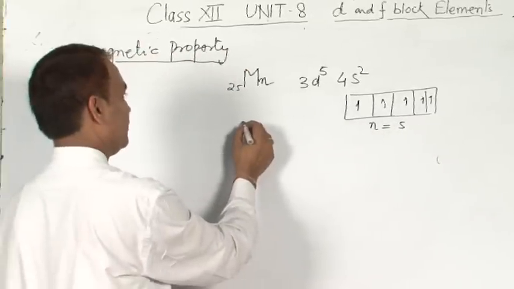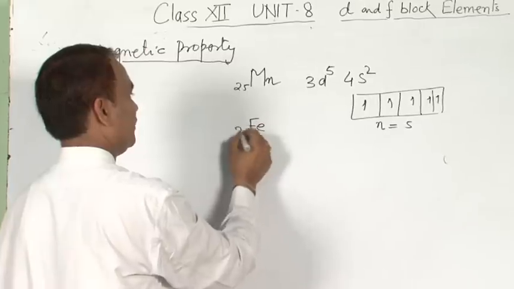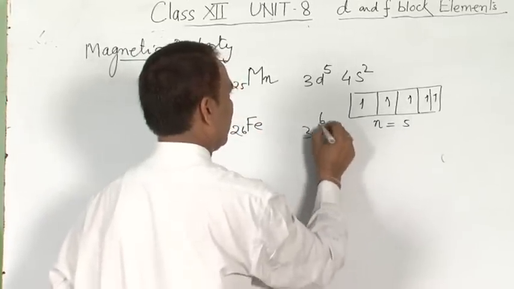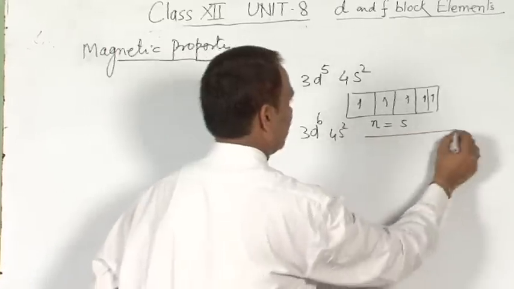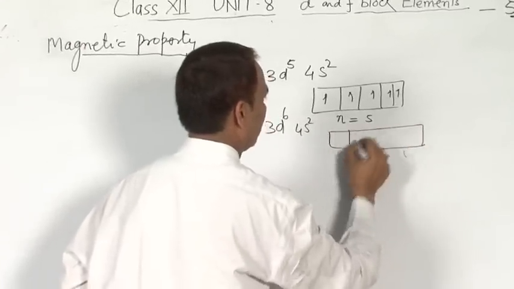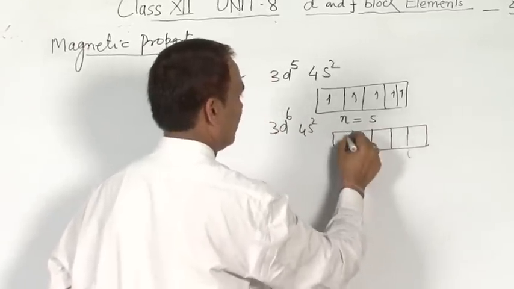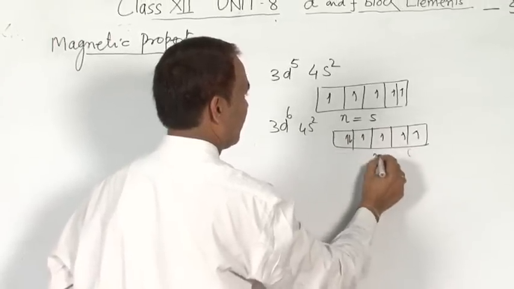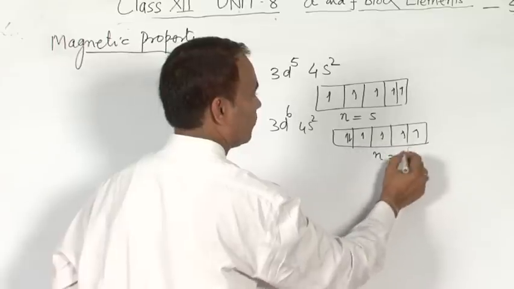Similarly, in case of iron, 26, it is 3d6 4s2. 3d6, that is 5 orbitals, 1, 2, 3, 4, 5 and 6. Number of unpaired electrons is 1, 2, 3 and 4.